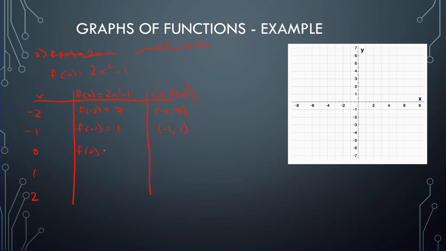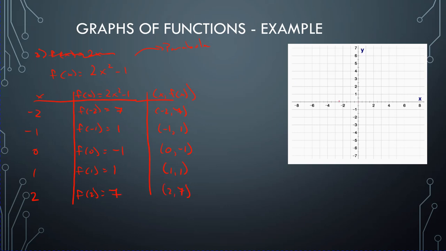F of 0. Well, 0 squared is 0, so this is just -1 left. And then f of 1 here, 1 squared is 1, times 2 is 2, minus 1 is 1. And then f of 2 here is the same as f of -2, gets me 7.